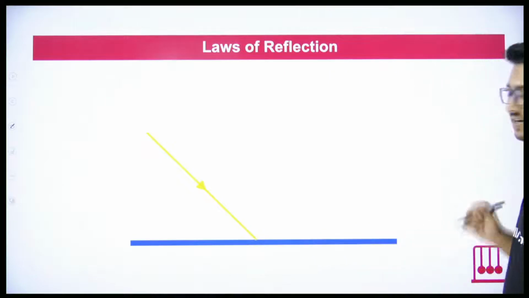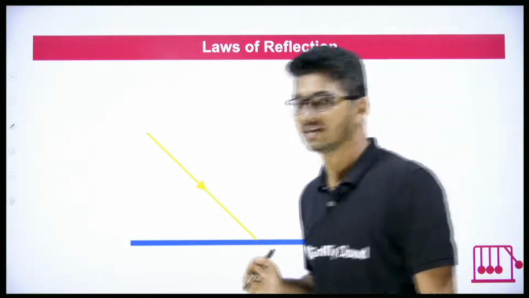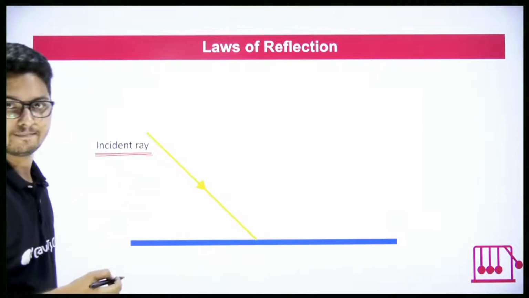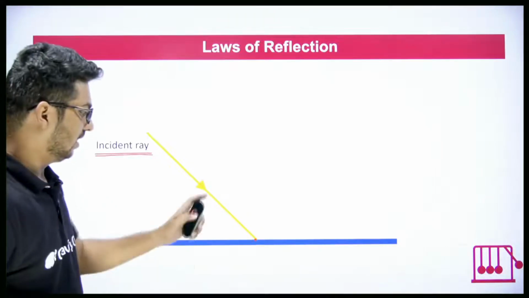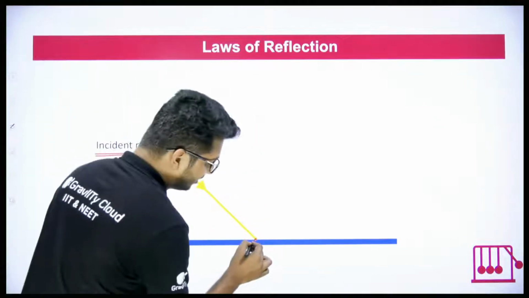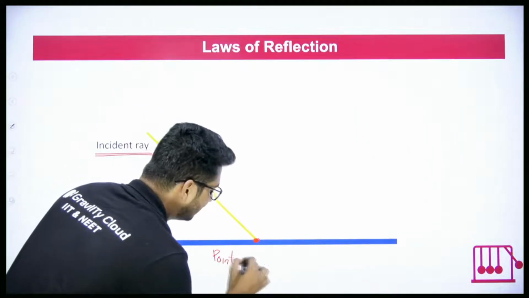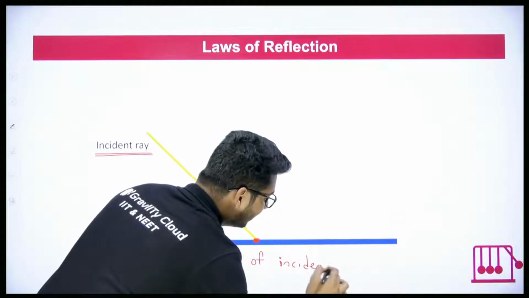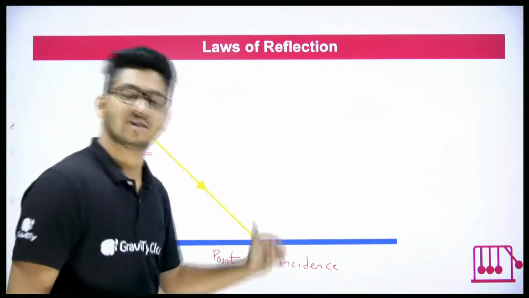So here, if this is a surface, there is a light incident on the surface. A light incident on the surface, what do we call it? We call it the incident ray. Now, how do we predict the reflected ray? For that, one line that we need is the normal. This point is called the point of incidence. It is the point where the incident ray touches the surface.